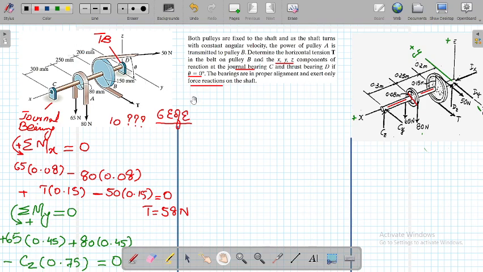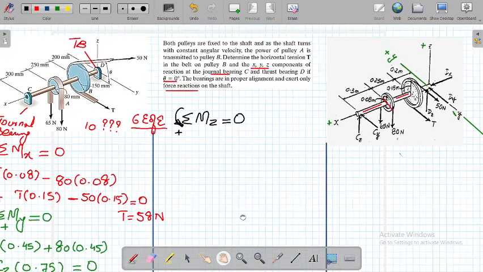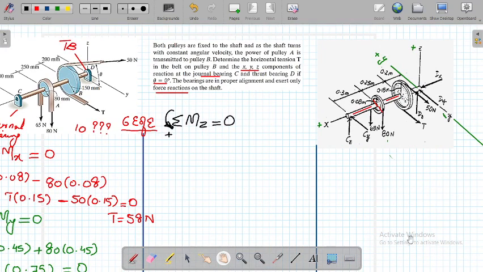The summation of all the moments about the z-axis must be equal to 0. The same logic: we'll write anti-clockwise as positive. When summing moments about the z-axis, the forces 65 and 80 Newton are along the z-axis, so they will be nullified.